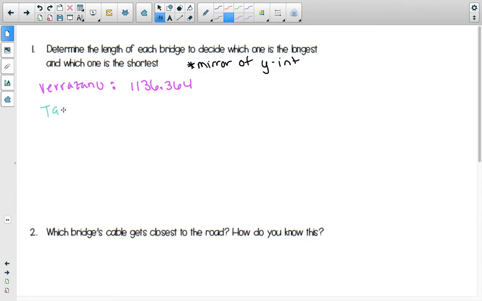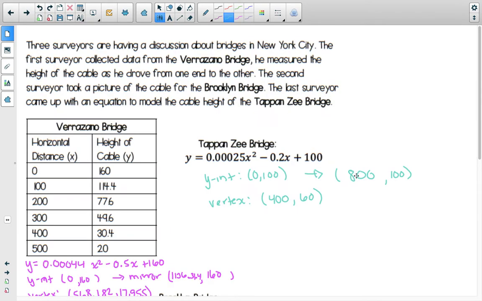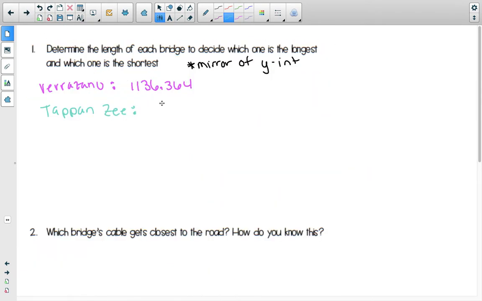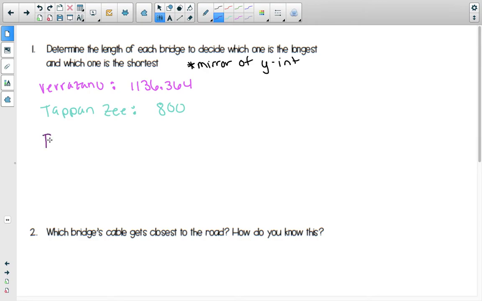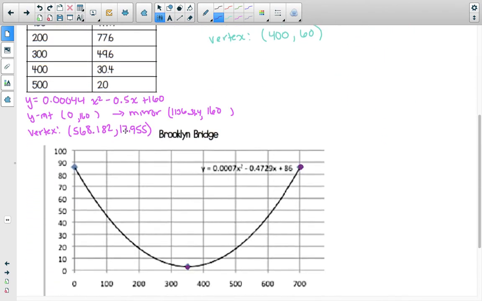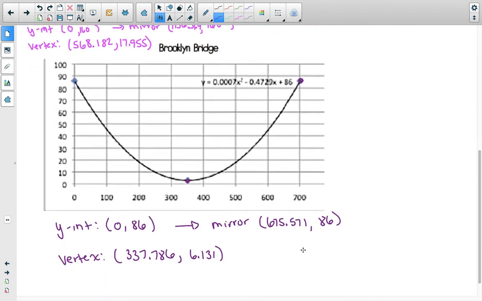The Tappan Zee Bridge, mirror of that, was 800. And then for the Brooklyn Bridge, it was at 675.571.